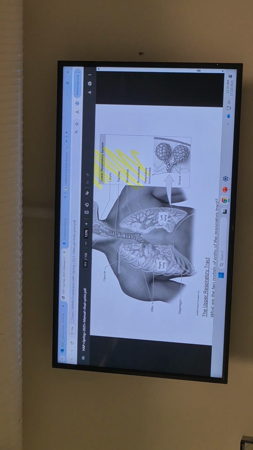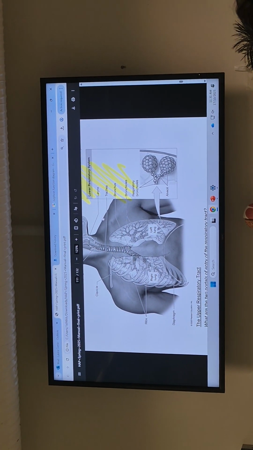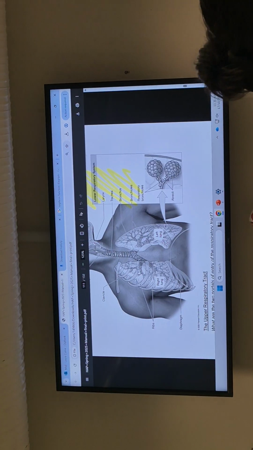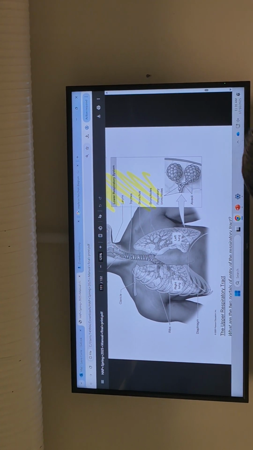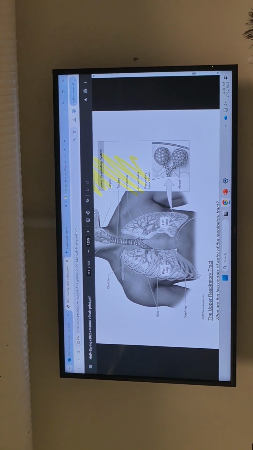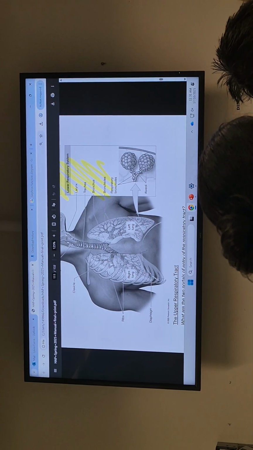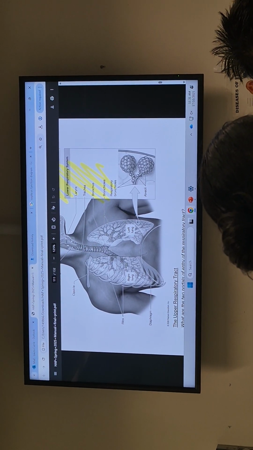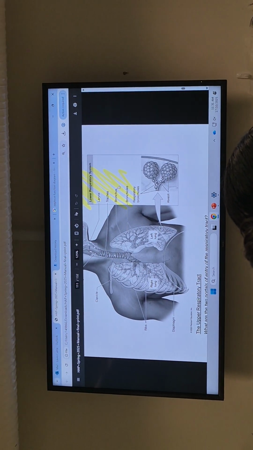Another important thing is knowing how many lobes there are in each lung. Your left lung will have 2, your right lung will have 3 because it's bigger, and the left one is smaller because it makes room for the heart. You also need to know the names of the lobes, okay? It's pretty easy. The top one's superior, the middle is middle, the bottom is inferior. So just know those ones.